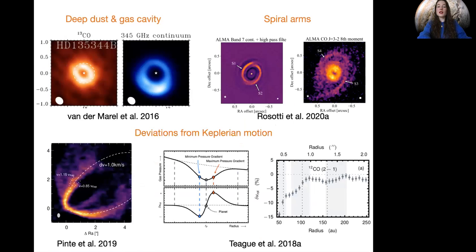On top of that, we can study deviations from Keplerian motion. We can either look at velocity kinks, so very localized perturbations in the channel maps. We can also have a look at the gas rotation and distinguish deviations from a Keplerian model, and then use these deviations to characterize the shape of the perturbation.